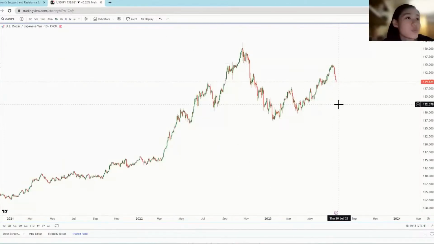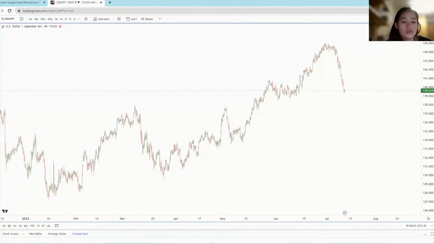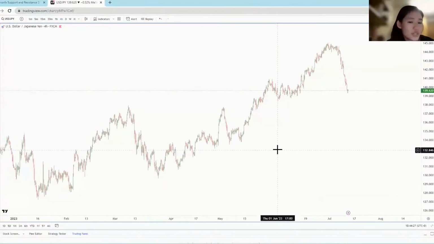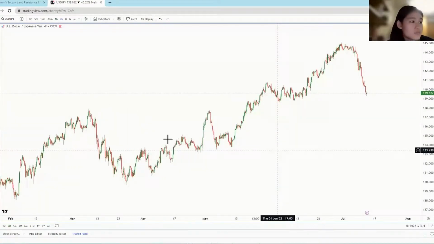Looks like it's dropping as well. General trend upwards as well. Okay, 4 hours. On our 4 hours chart, it looks pretty upward as well.